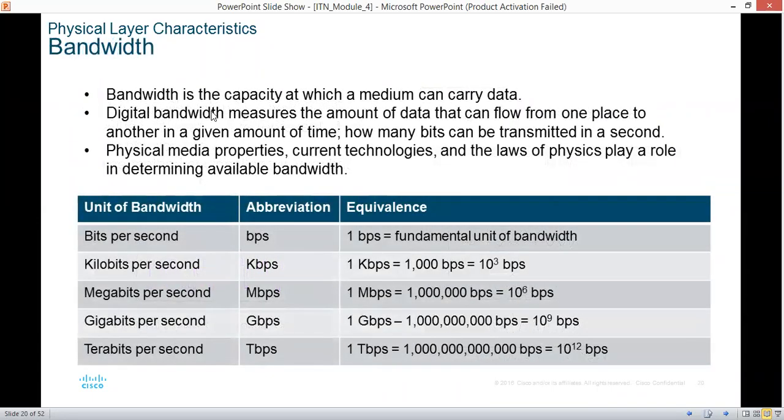Then bandwidth, what is bandwidth? Bandwidth is the capacity at which a medium can carry data. Digital bandwidth measures the amount of data that can flow from one place to another in a given amount of time. So your bandwidth has to do with the capacity of transmission of this data itself. It's like somebody says, what's your bandwidth size?